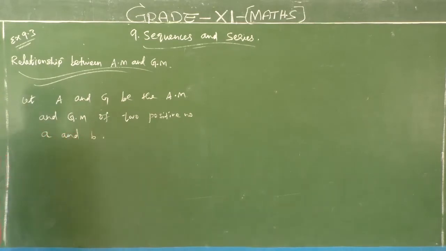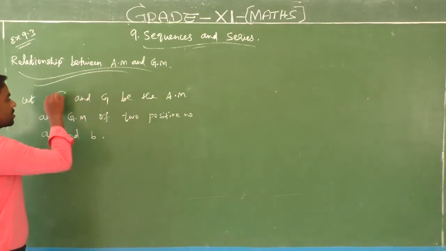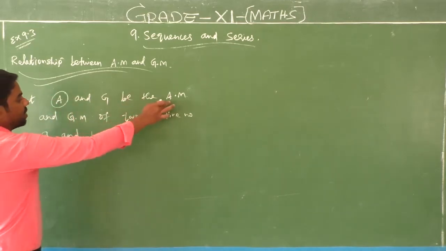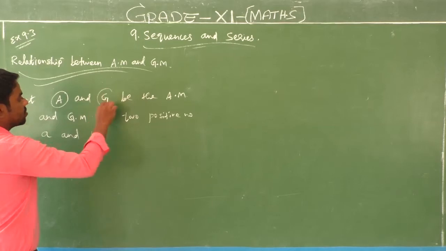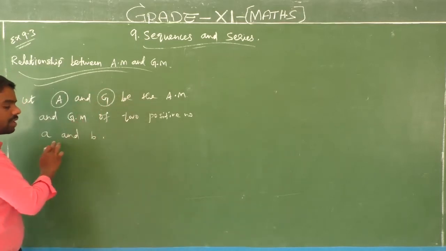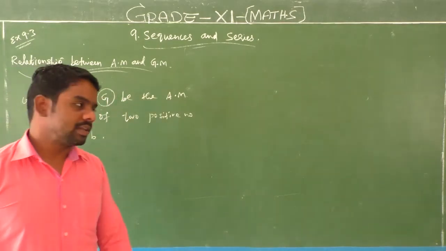Let us consider A is the arithmetic mean of a and b, and G is the geometric mean of the two positive numbers a and b.